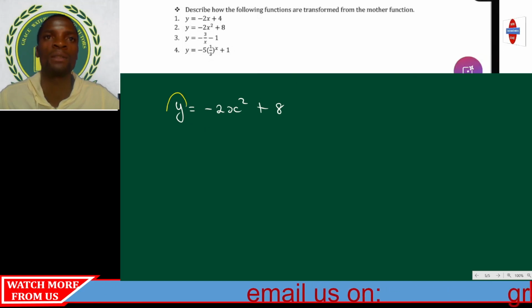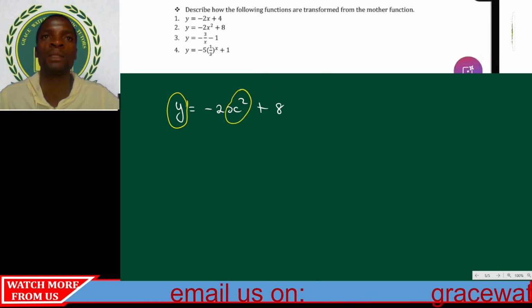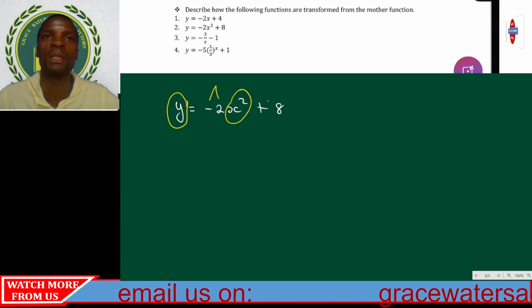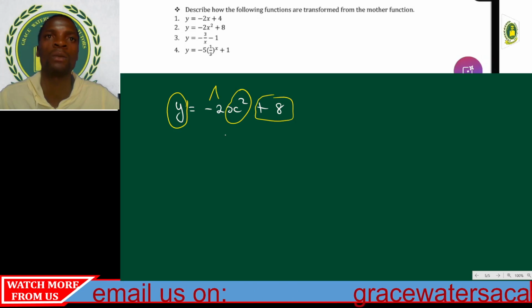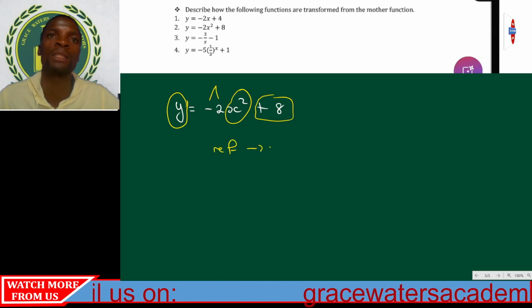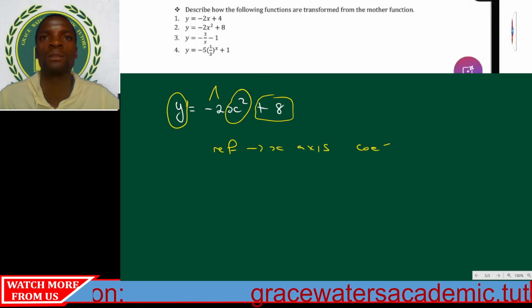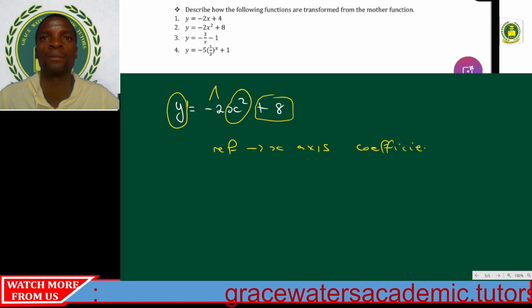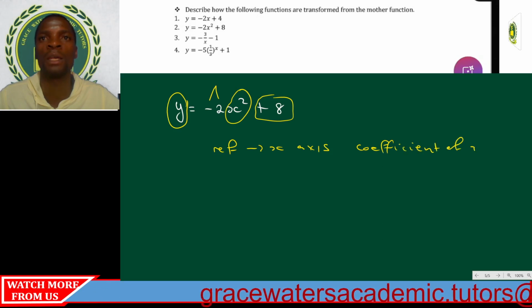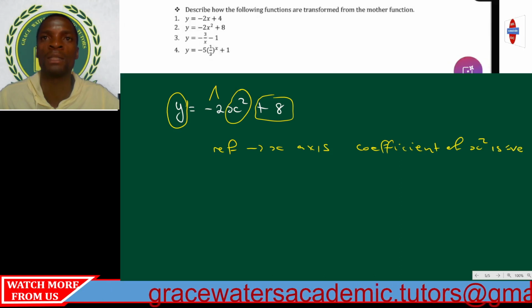Your mother graph is connecting these two variables only, so it's y = x squared. And then what do you see? The same things here. So we have reflection about the x-axis. Why? Because the coefficient of x squared is negative.